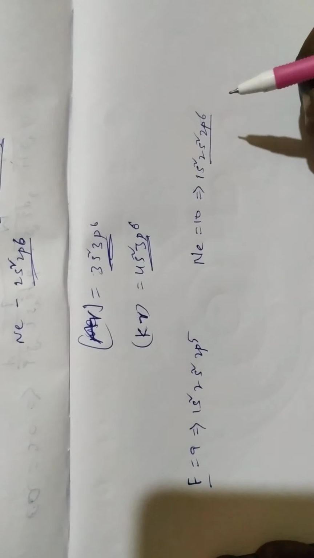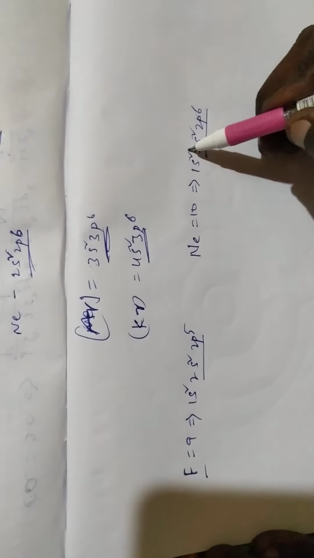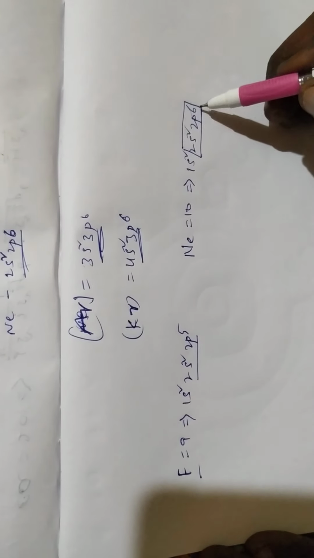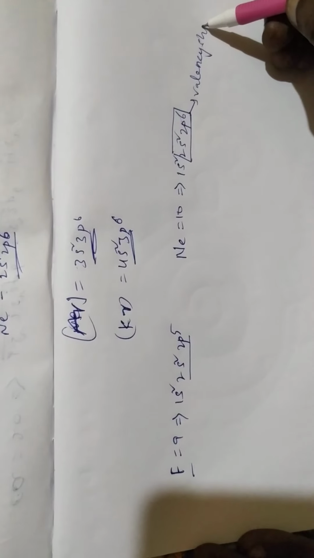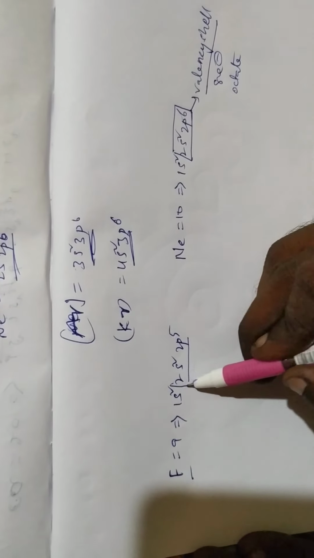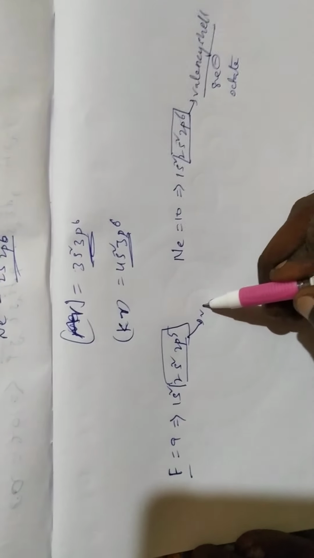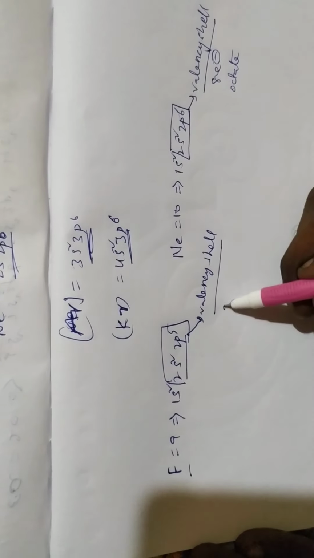Neon has 8 electrons in its valence shell, while fluorine's valence shell contains 7 electrons.